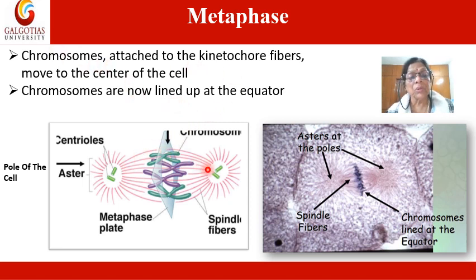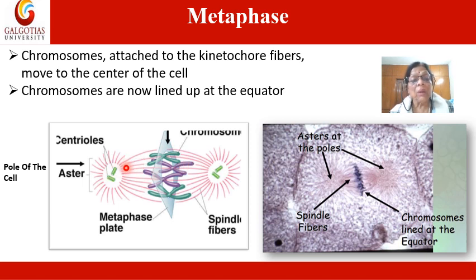These are the kinetochores to which the chromosomes have attached. They move to the center of the cell, and the chromosomes are now lined up at the equator. So these are the chromosomes. They have attached during metaphase.